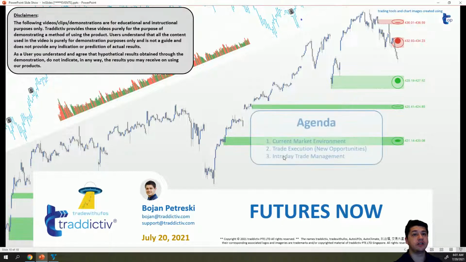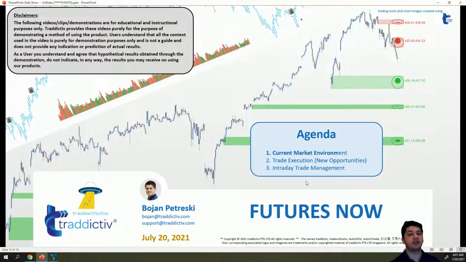All right, so the agenda for today, we're going to look at the current market environment, and we're going to look at trade execution. We're going to look at new opportunities, things that are going to be presented for us during this session we'd like to take. Especially important in this session is that in the middle of the session, around 9:30 Eastern, we have the market open.